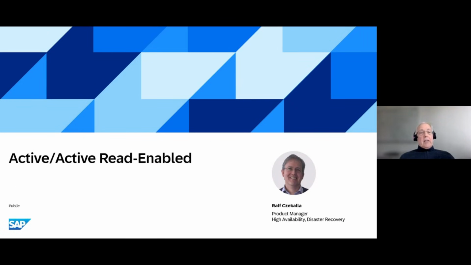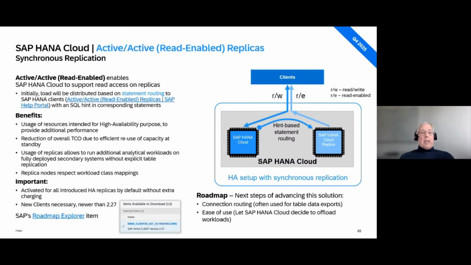That said, the next item here is active read enabled. It's another very important next move to give customers more reach with their setups. You know, many customers need high availability options simply because of obligations.